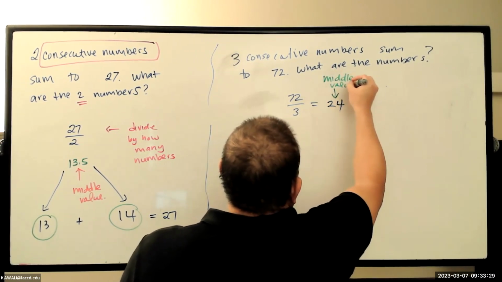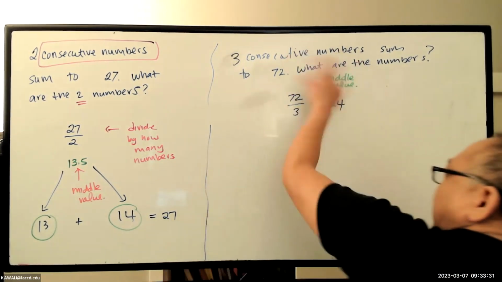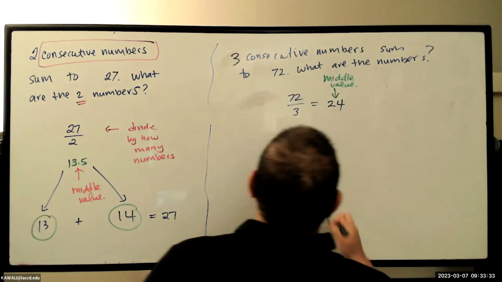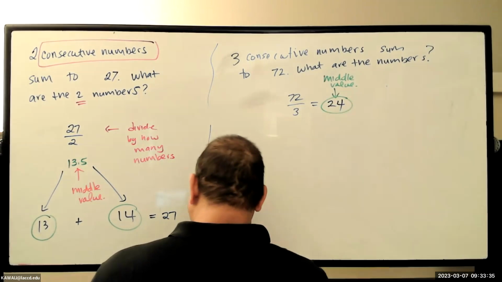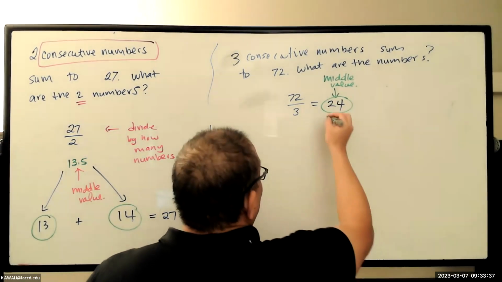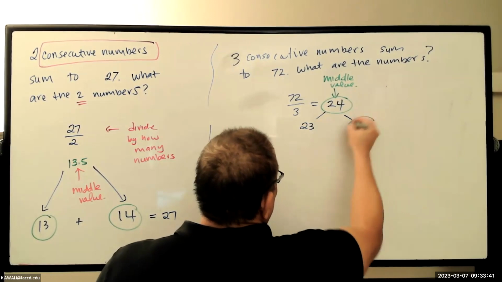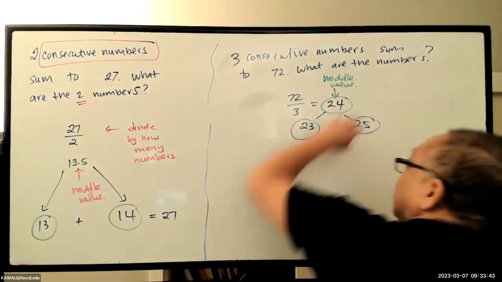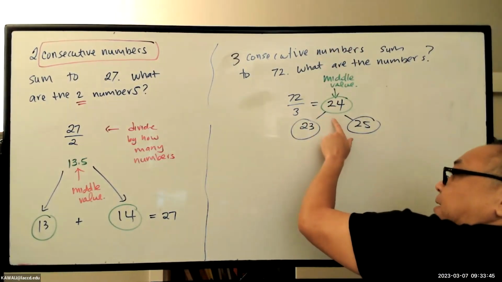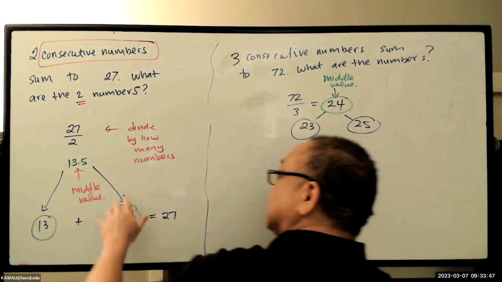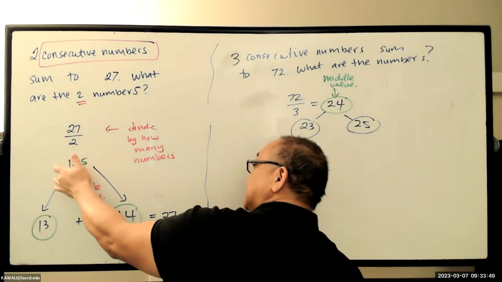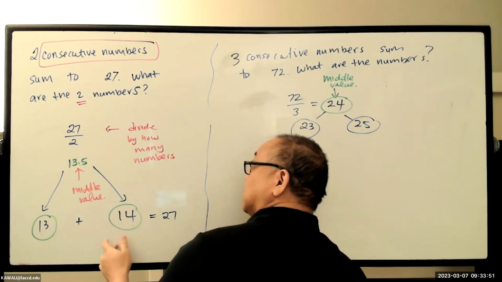Now, because there's 3 values, there's nothing wrong with using that in your answer. So it's 24, 23, and 25. So when there's 3, this will be in your answer. When there's 2, you'll get a decimal and that will not be in your answer.